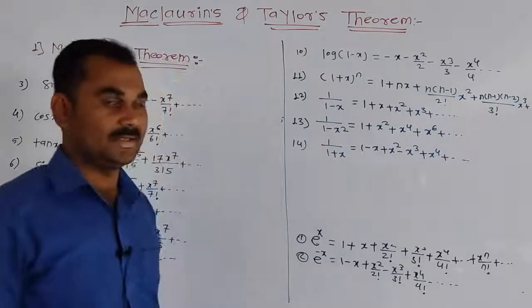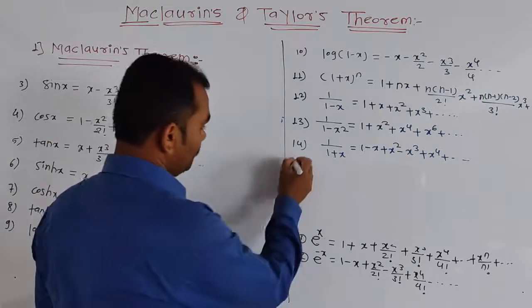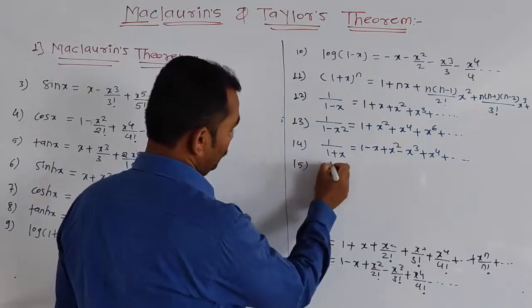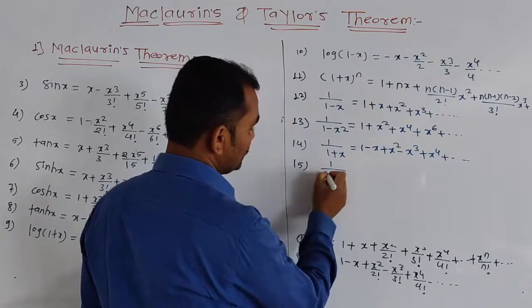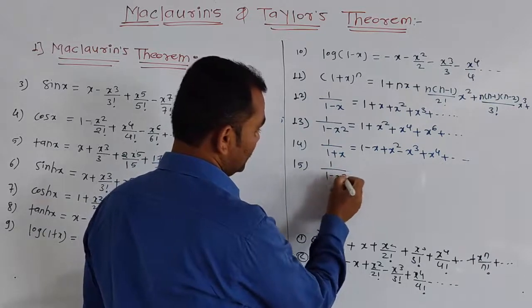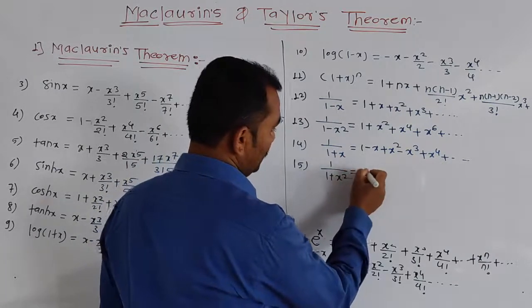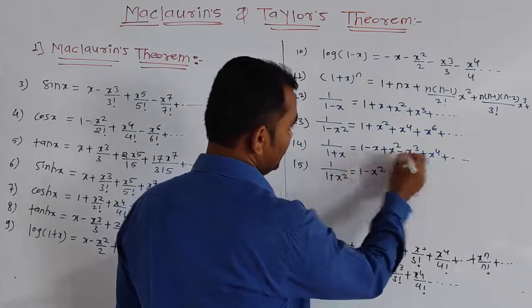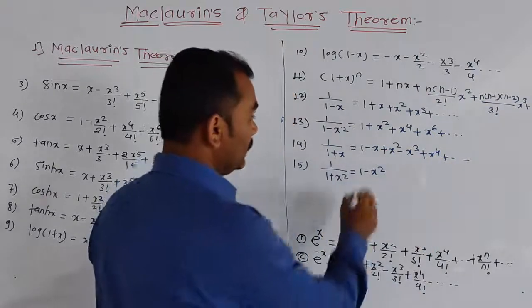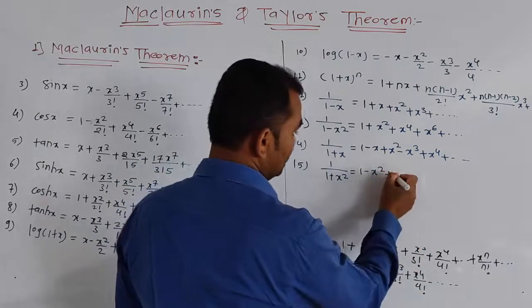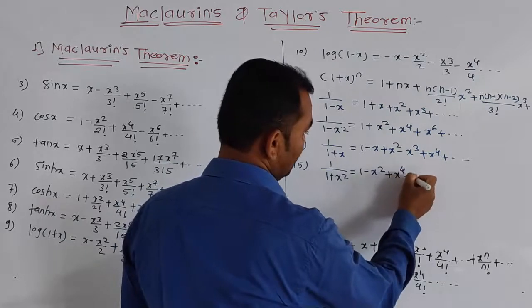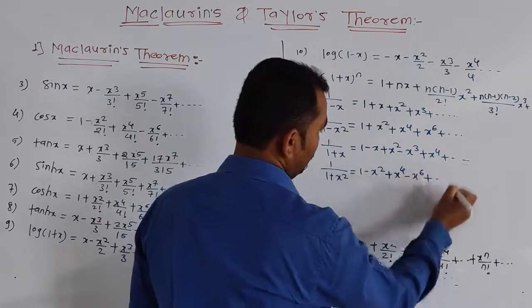We get this series. And suppose next, we have to replace this x as x square, then we get 1 upon 1 plus x square is equal to 1 minus x square plus x raised to 4 minus x raised to 6 plus dot dot dot.